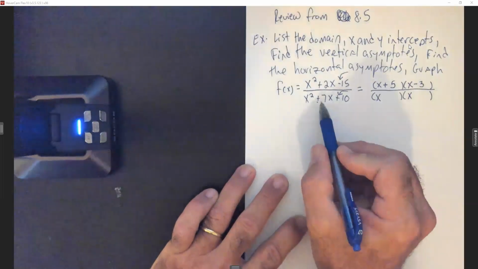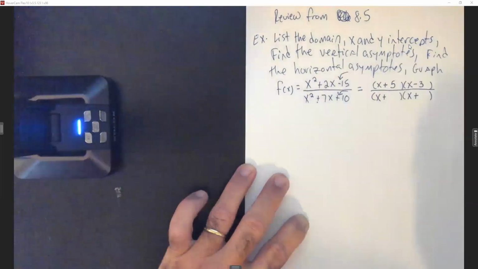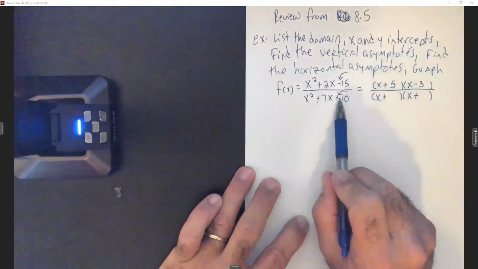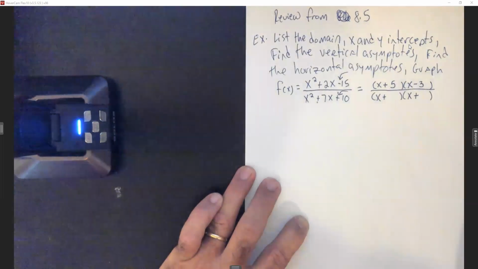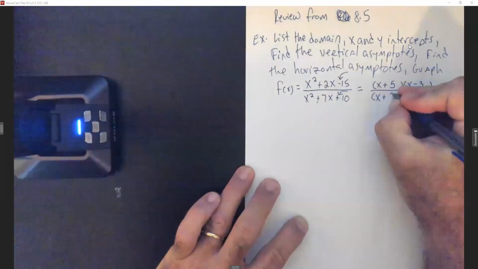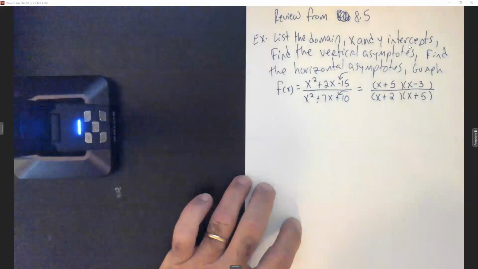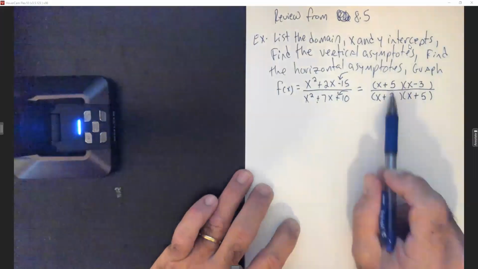So the middle number is positive, so both of these will be positive. And then I want factors of 10 that add to get 7. So that would be what? 1 and 10 get 11, 2 and 5 add to get 7. So I'm going to put 2 and 5 in here. Okay, so it makes a difference on the asymptote part of this.